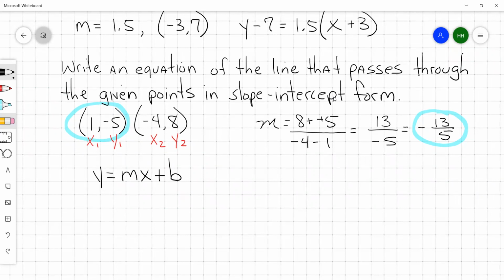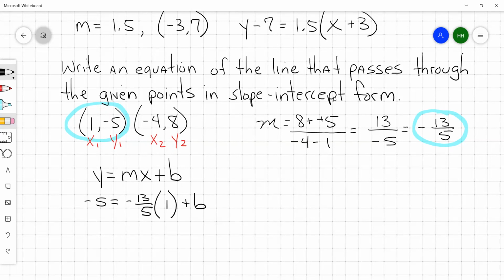And then we can write the line in slope-intercept form. So the next thing you're going to do here is substitute. Where this y is, you're going to use this y value given, the -5. Where the m is, you're going to substitute the m that you just found, which was -13/5. Where the letter x is, you're going to use the x value given, which is 1. And then it's plus b.